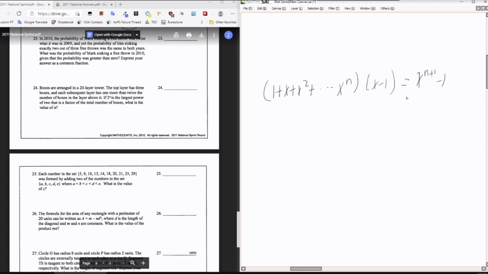And then if we multiply the x by x to the n minus 1, the one lower term, we will get x to the n. But when we multiply the -1 times the x to the n, we're going to get minus x to the n. So those two terms will cancel out.